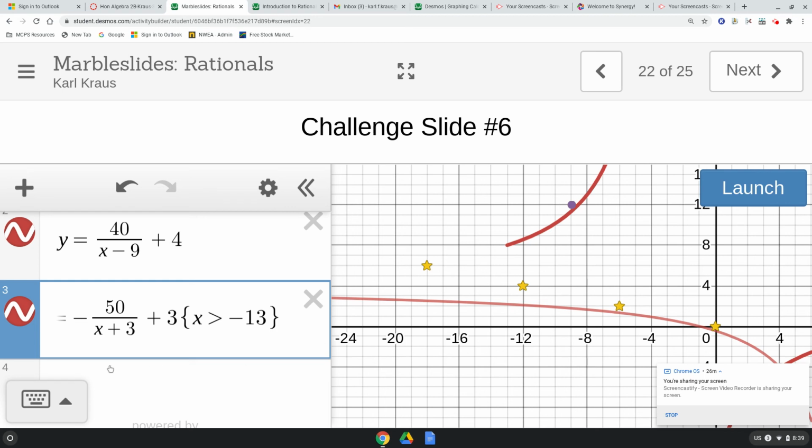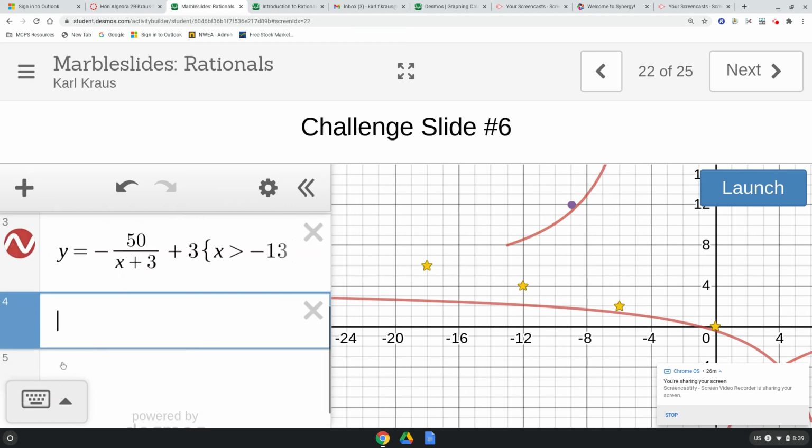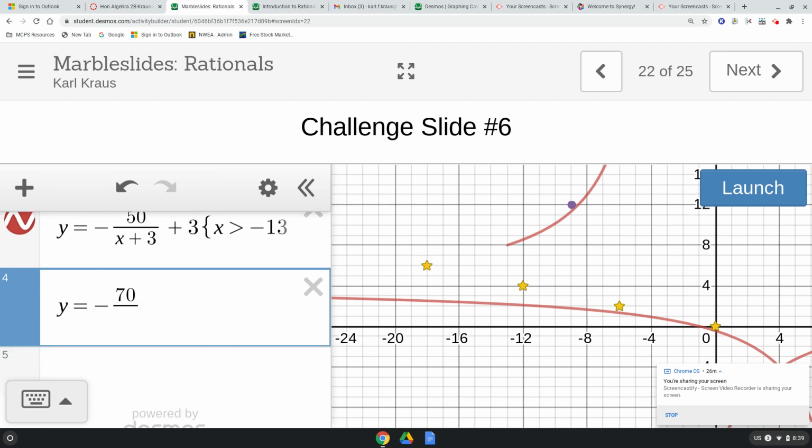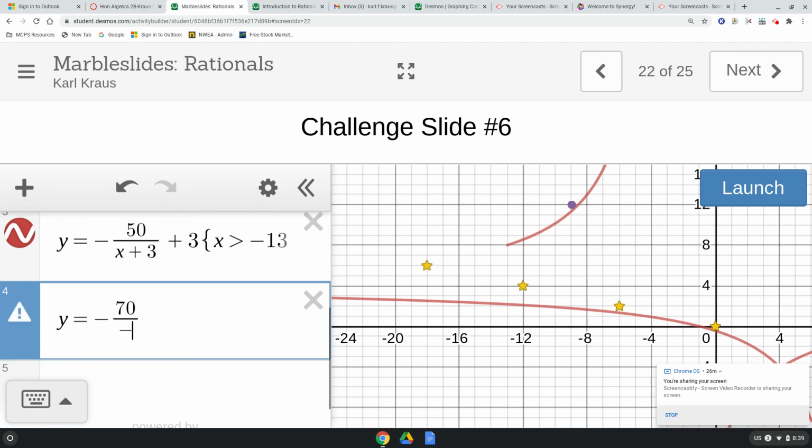So there's my ramp. And then I made another graph to catch the marble on the other side. There's more than one answer here, but maybe some of you can find less than 3 equations to make.